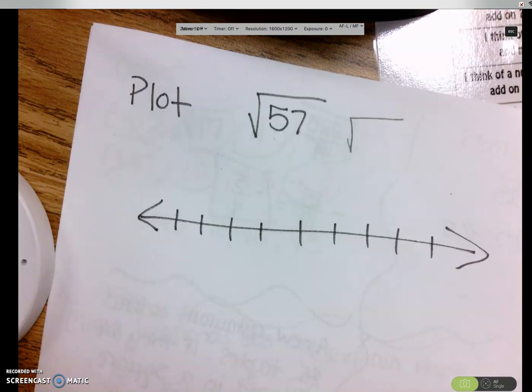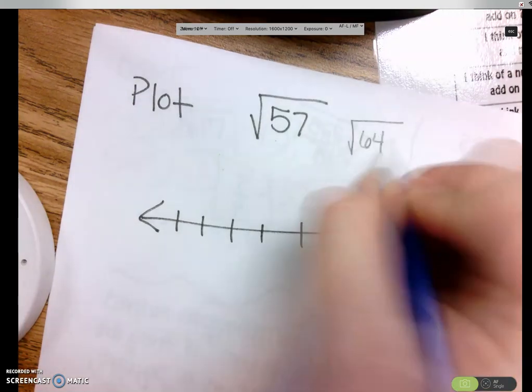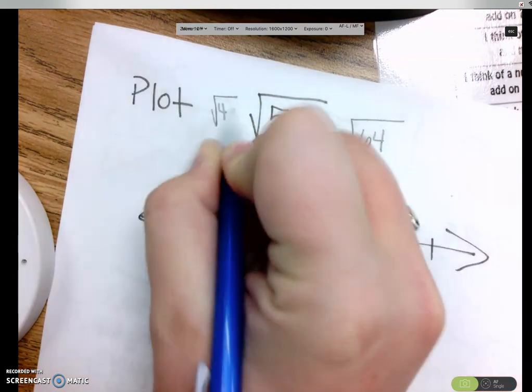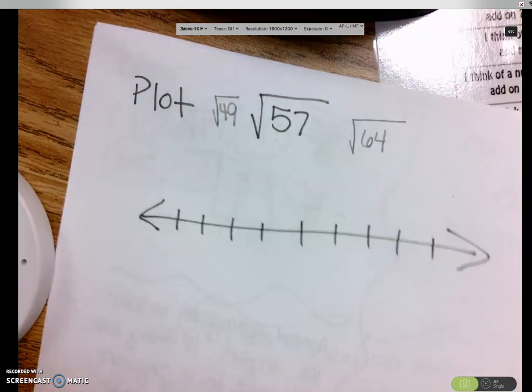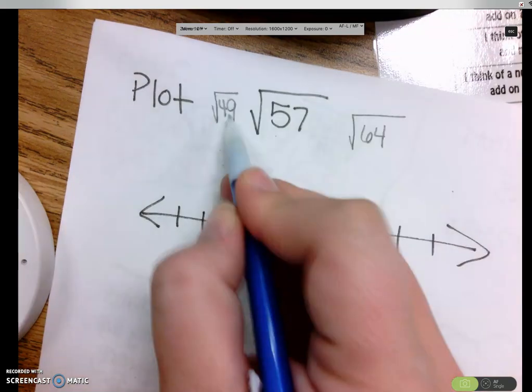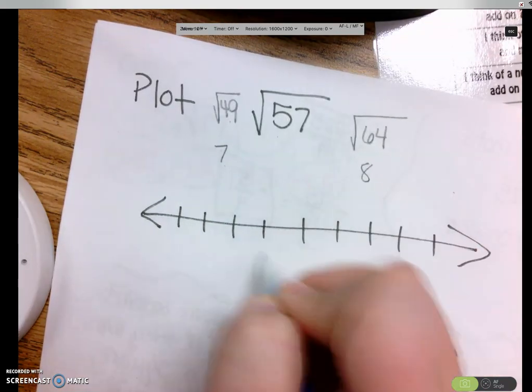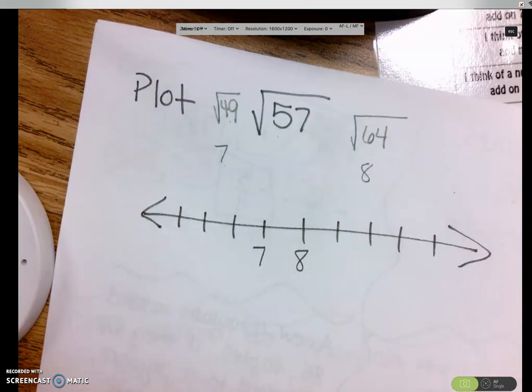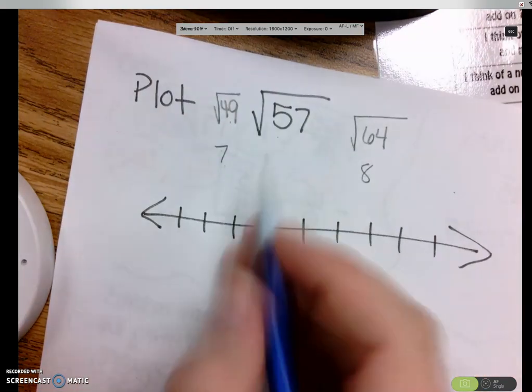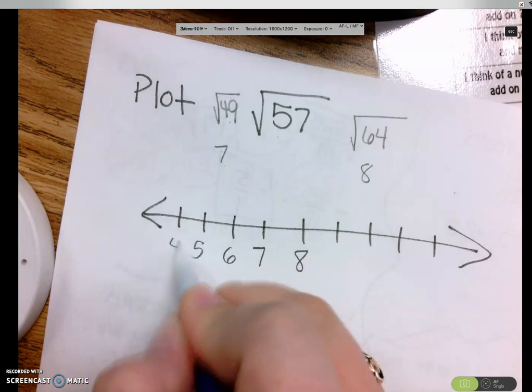Remember, perfect squares are, so what would 57 be between? Yeah, so 64 and 49, right? So you have to show me that, what's the square root of 49? And this is 8. So we can do on here, this is say 7, 8. This is my number line. I'm counting by whole numbers.